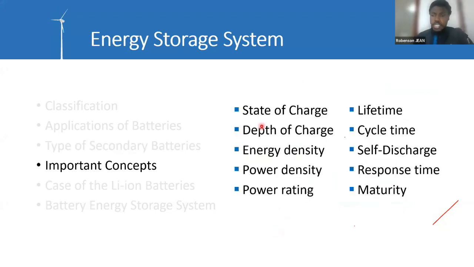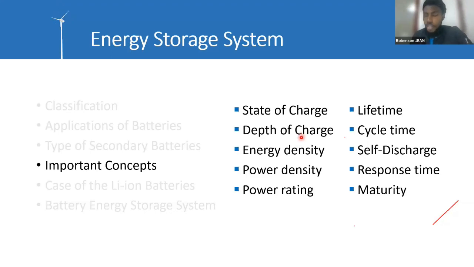For instance, we can talk about the state of charge. The state of charge is the amount of energy that is available in the battery. For instance, if my battery is fully charged, my state of charge is 100%. But if my battery is completely discharged, my state of charge is 0%. And at the opposite, the depth of discharge is how deep we discharge our battery.